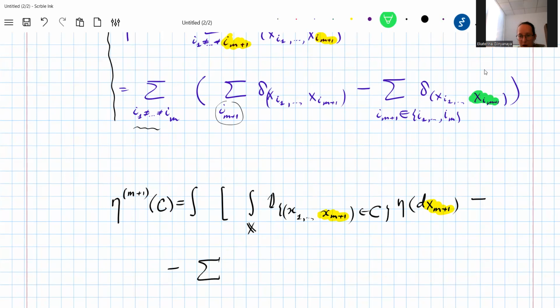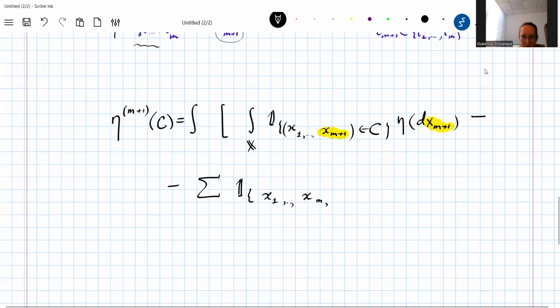So they can be all previous values. So here I write the summation over the indicator x1, so x_m, and here x_j, where j is from 1 to m.